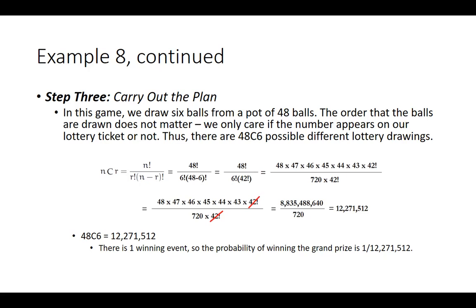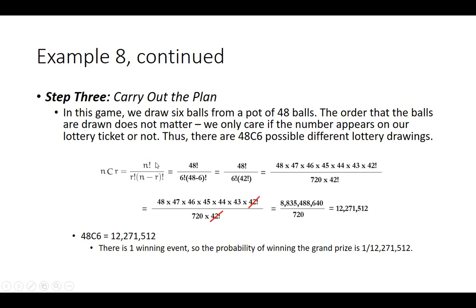In this game, we draw 6 balls from a pot of 48 balls. The order that the balls are drawn does not matter. We only care if the number appears on our lottery ticket or not. Thus, it's a combination, and there are 48 choose 6 possible different lottery drawings. So we have our combination function, n factorial over, on the bottom, r factorial times (n minus r) factorial.